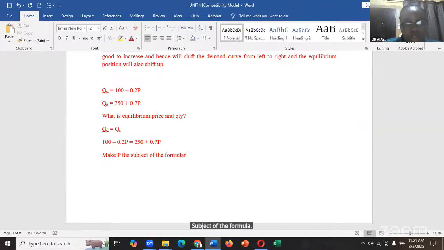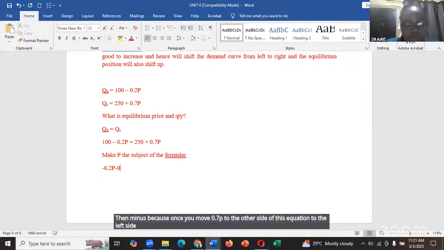So what do you have? You have minus 0.2P, then minus, because once you move 0.7P to the left side of this equation, it becomes minus 0.7P.